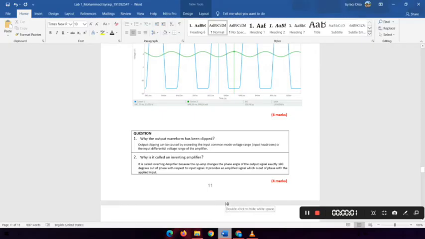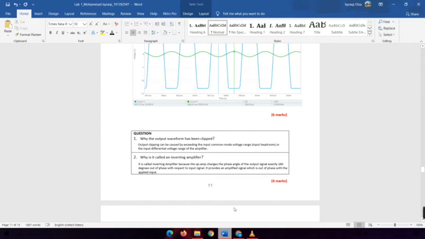I am going to answer question number 2. Why is it called an inverting amplifier? It is called an inverting amplifier because the operational amplifier changes the phase angle of the output signal by exactly 180 degrees, out of phase with respect to the input signal. It provides an amplified signal which is out of phase with the applied input.